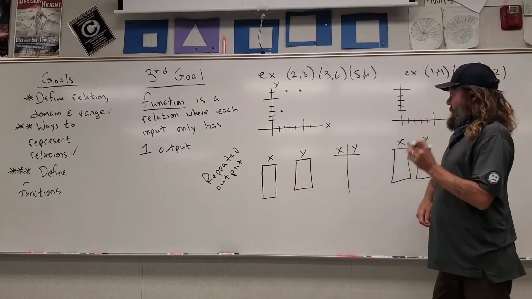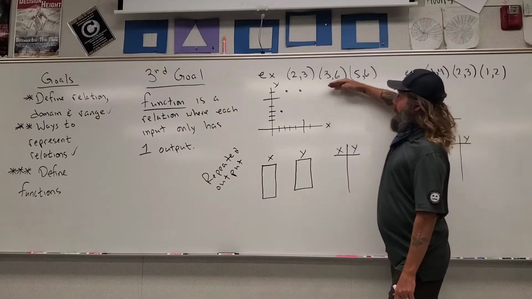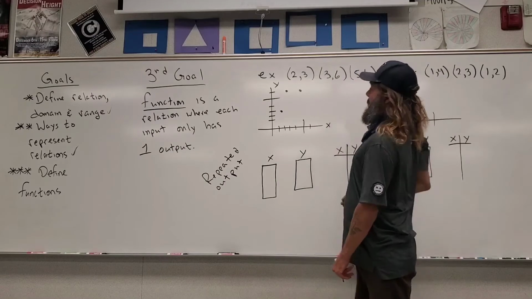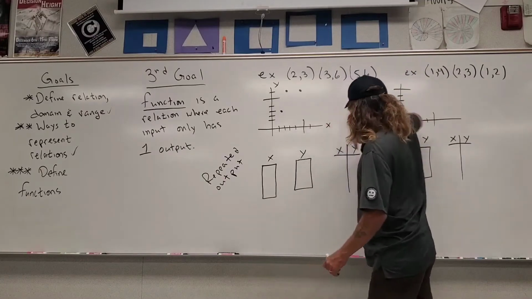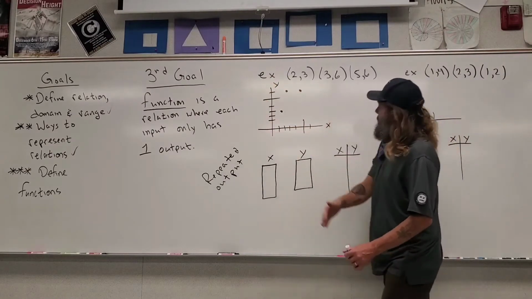So this graph is a function. It can be horizontal. That just shows me that I have a repeated output. So the horizontal shows me that I have a repeated output.